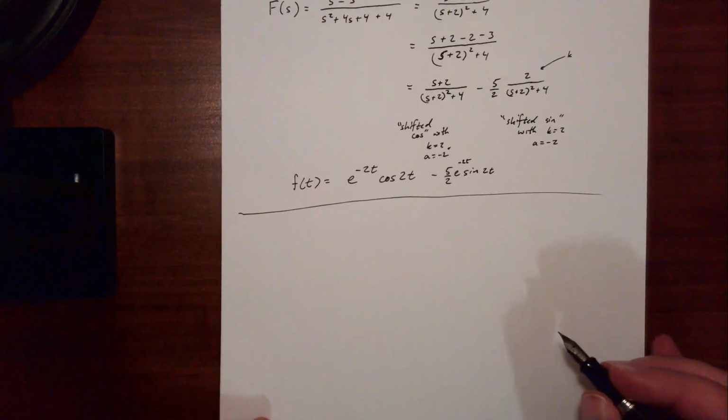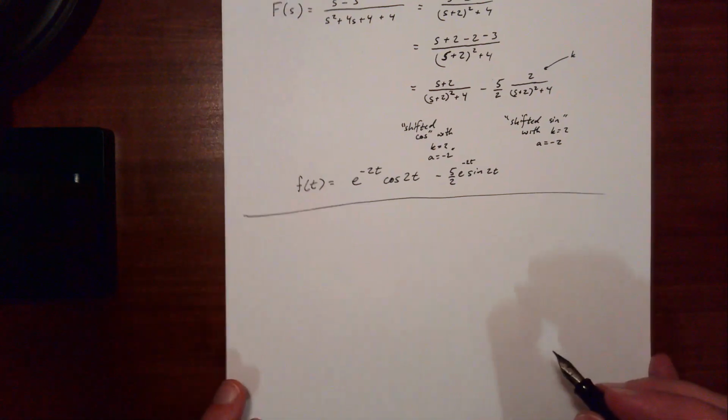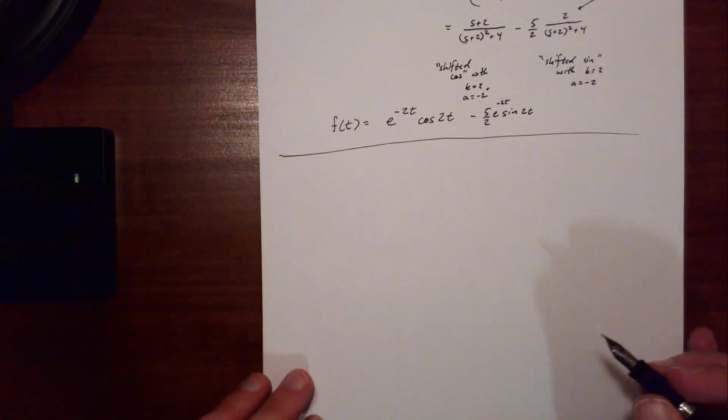Now when we can factor the quadratic in the bottom, we typically will. We won't complete the square, although technically you could complete the square, and then what you would get would be based on cosh and sinh, but that's not really something that we are going to look into right now.